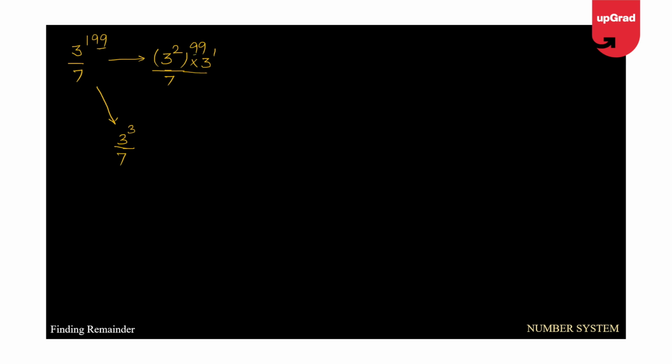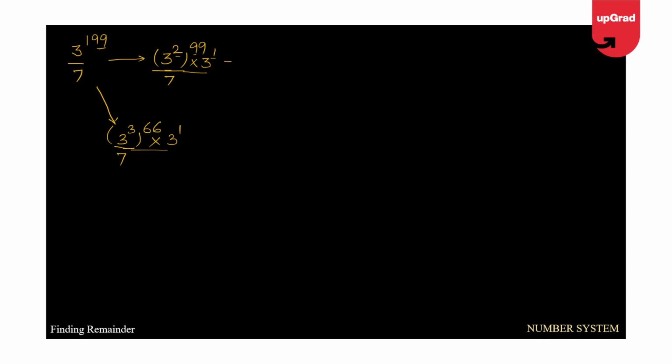Therefore 99 multiplied by 2 becomes 198 plus 1 gives me 199. Let's do it here as well. So I'll get 66 on the outer side and 66 multiplied by 3 gives me 198 and there's one more 3 here. Please understand, when we are doing the trick, we can't violate the mathematical concepts.